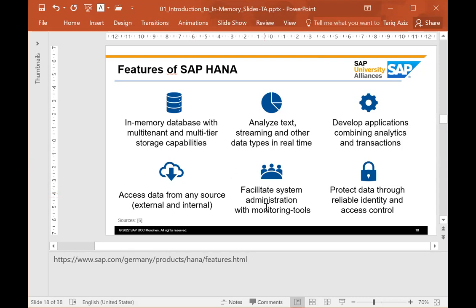You have a monitoring tool and an administrative tool that you can work with, and it's protected and reliable. Everything is password protected, and access control is there. Unauthorized access is not possible in HANA, unlike other databases.